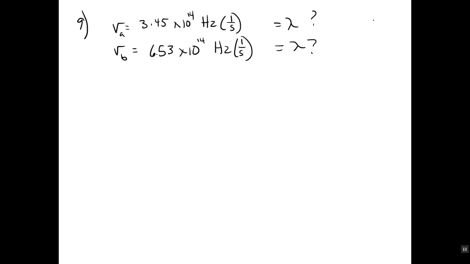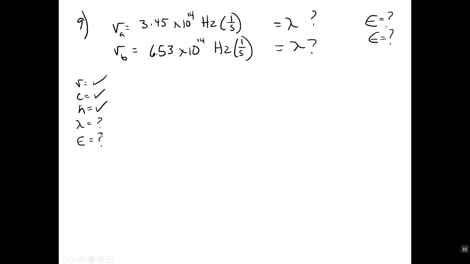And we could also calculate the energies too, ultimately. Okay, so again, we know frequencies this time. That's something we know. So we got that. We know C. We know H. We don't know wavelengths. We don't know the energies.